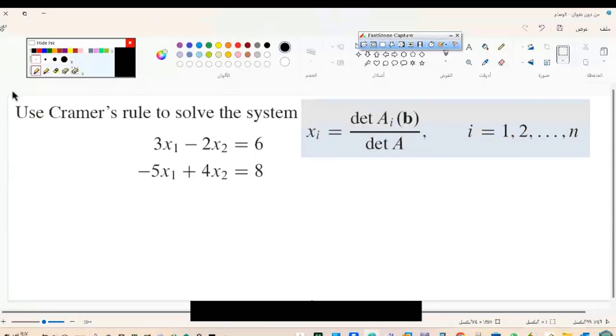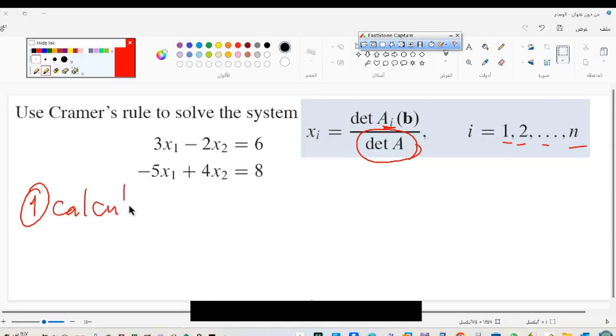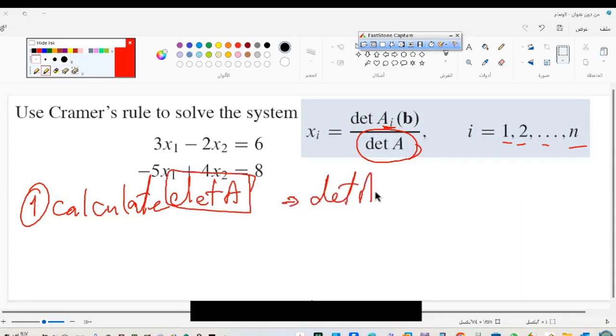Now we have the rule and we have the question. Here we have the determinant of Ai, where i is 1, 2, 3, and so on, and we have the determinant of A. First of all, calculate det A, because if det A equals 0, there is no answer.